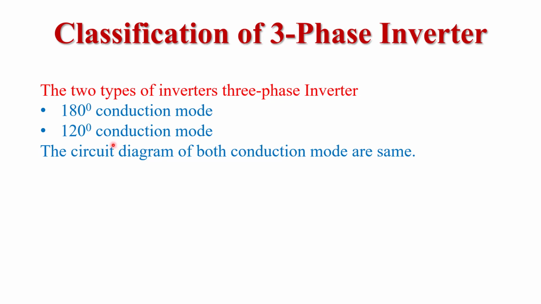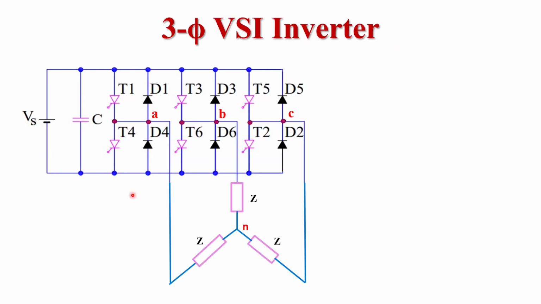In this video I will explain 120-degree conduction mode. But the circuit diagram of both conduction modes is the same. So this is the circuit diagram of 3-phase inverter, common for 120-degree and 180-degree conduction mode.